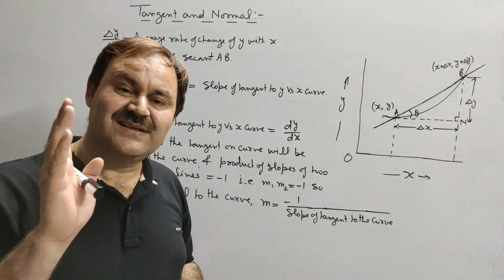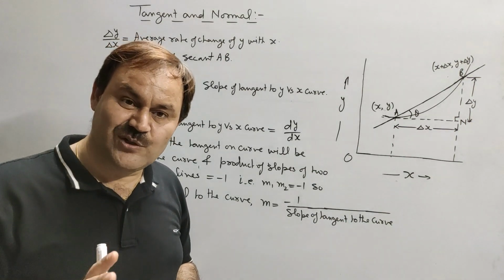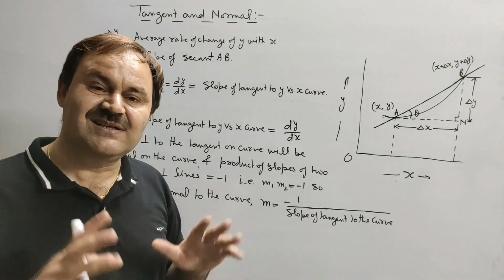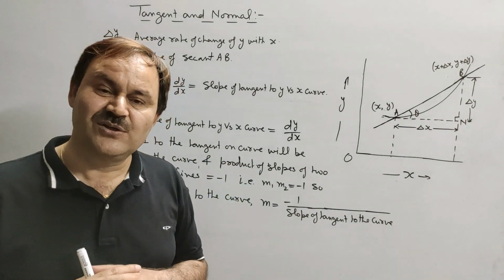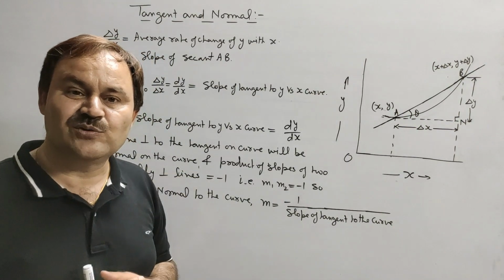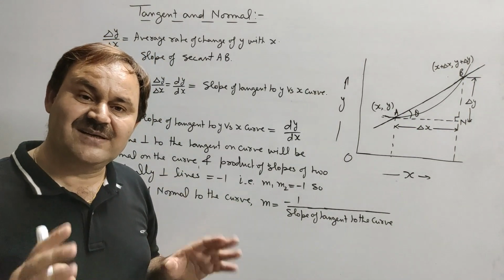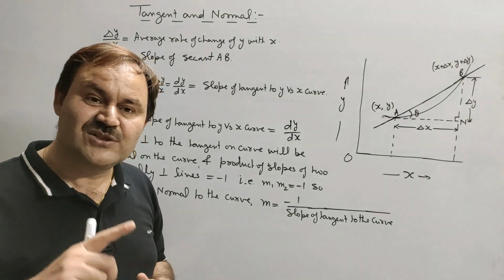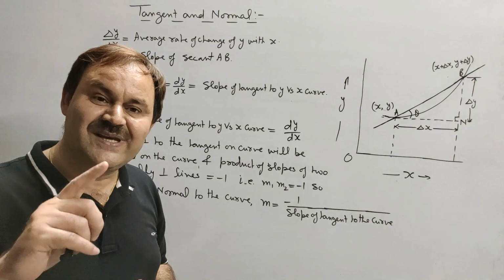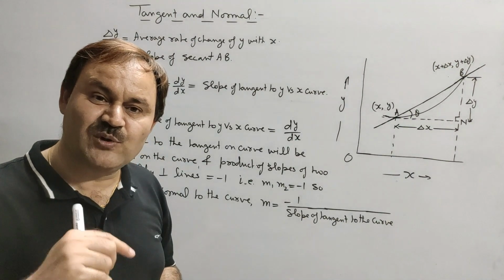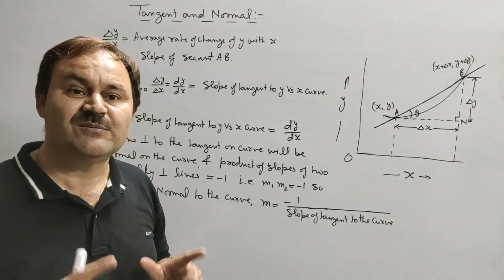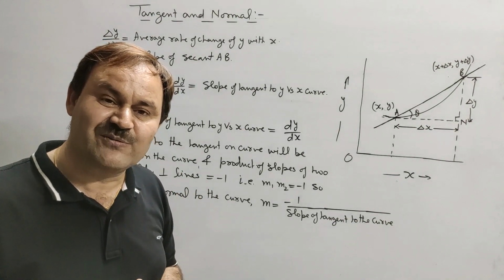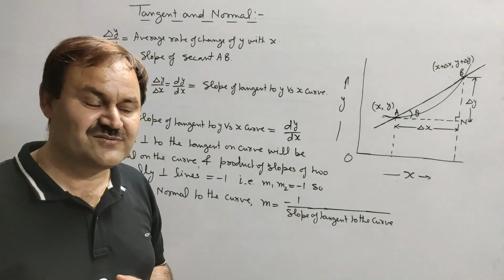So slope of tangent to y versus x curve will be given by dy by dx, as a line perpendicular to tangent is always termed as normal. So normal to y versus x curve will always be perpendicular to the tangent to y versus x curve. And since dy by dx gives slope of tangent, slope of normal will be given by -1 upon slope of tangent, because the product of slopes of two mutually perpendicular lines is always -1.